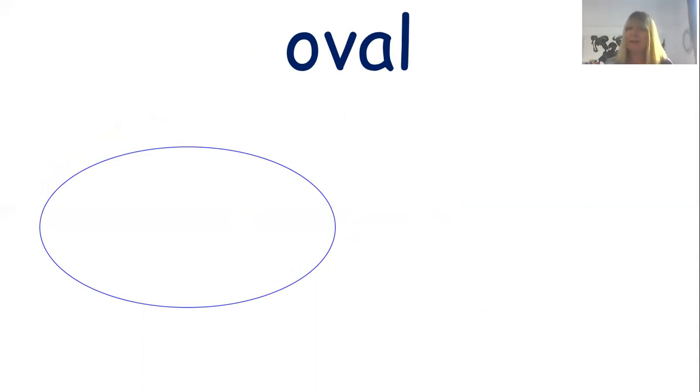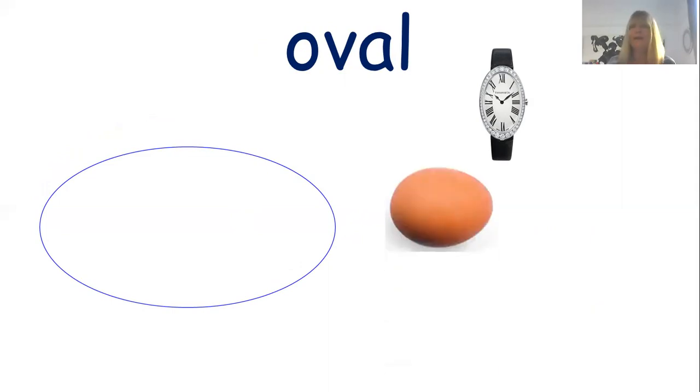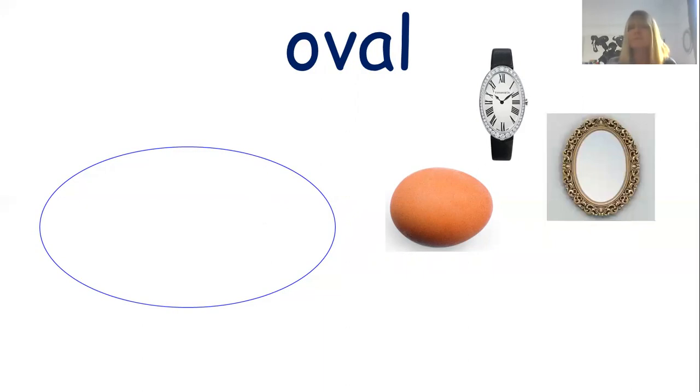Now, looking around, ovals in the world, let's think. I've got one coming up right now. The face of a watch can be an oval shape. Next up, something very familiar. It's an egg. An egg is a kind of oval shape. It's got one continuous curve around when you see it flat. Next up, a mirror. Mirror, mirror on the wall.